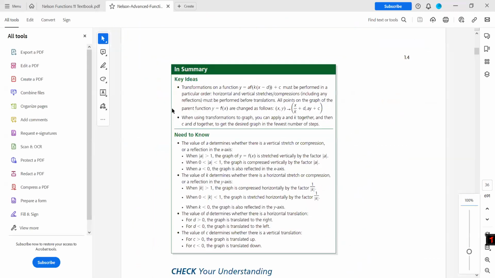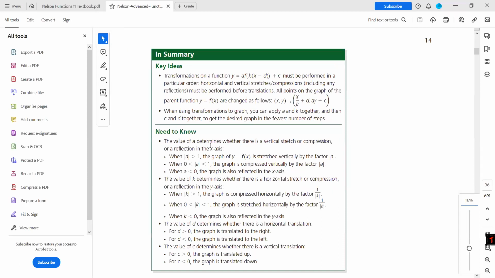And the summary of what we learned today is as follows. The key ideas: transformations on a function y equals a times f of k times (x minus d) plus c must be performed in a particular order. Horizontal and vertical stretches and compressions, including any reflections, if applicable, must be performed before translations.